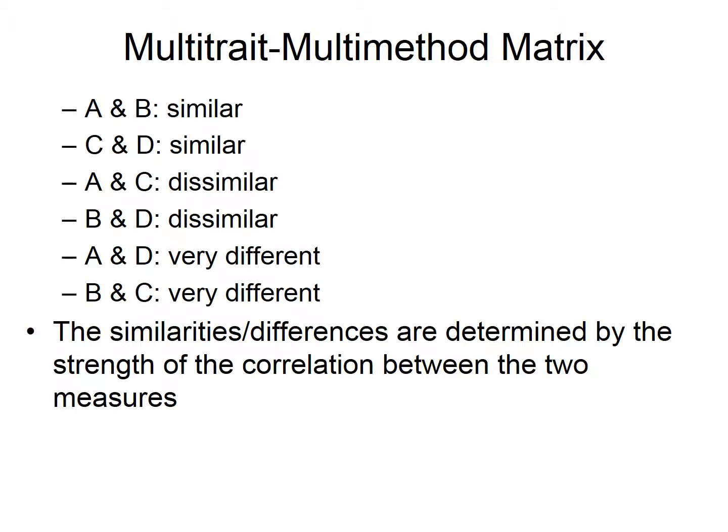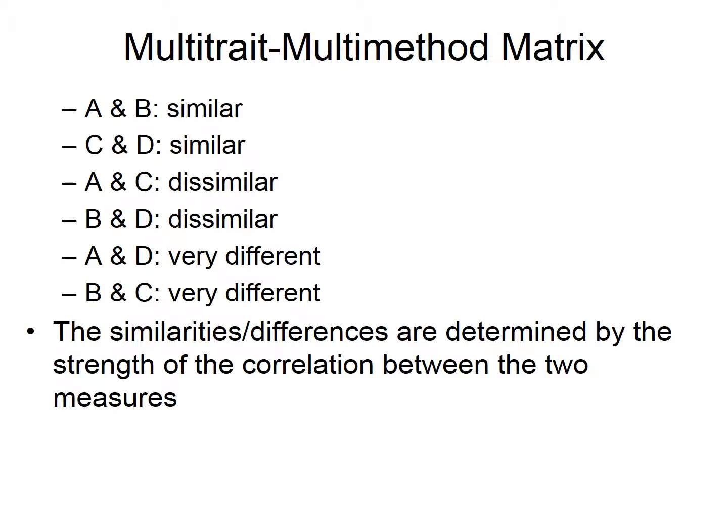And same with B and C. So when you put all this together, you're going to get information on convergent validity. So converging A and B is convergent validity. And then you're also going to get discriminant validity, looking at the different constructs.